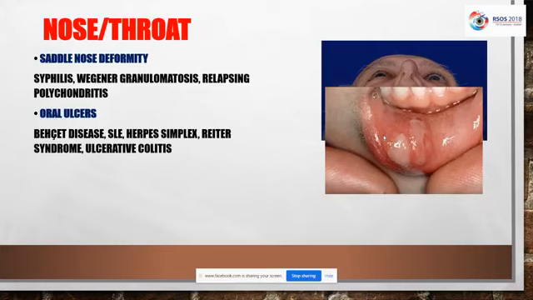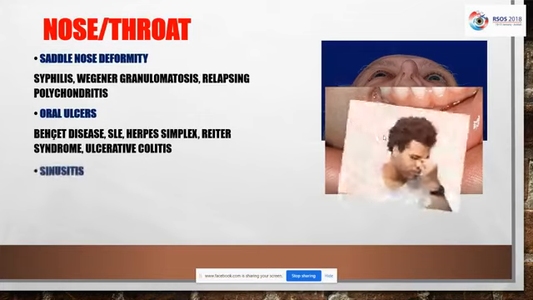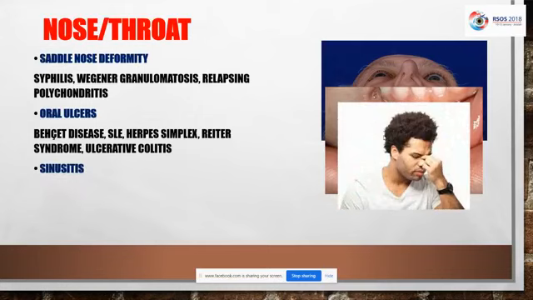Ulcerative colitis and inflammatory bowel disease can present with oral ulcers as a part of the disease, which also involves the intestine and can cause gastrointestinal tract ulcers.